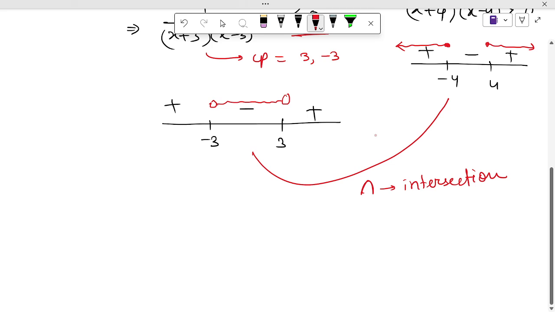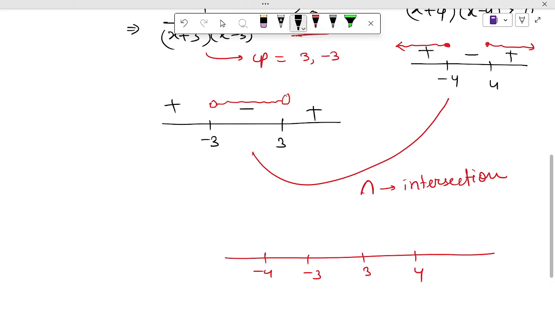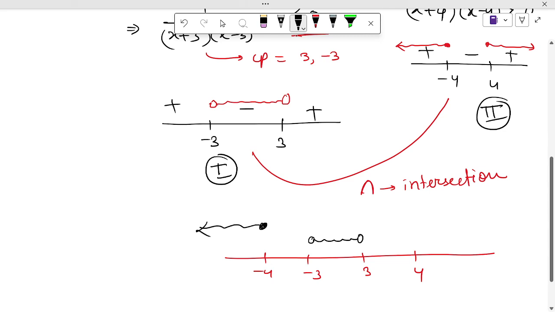Let's plot all the critical points on one number line: minus 4, minus 3, 3 and 4. The first part's result is minus 3 to 3, and the second part, the domain, gives minus infinity to minus 4 and 4 to infinity.